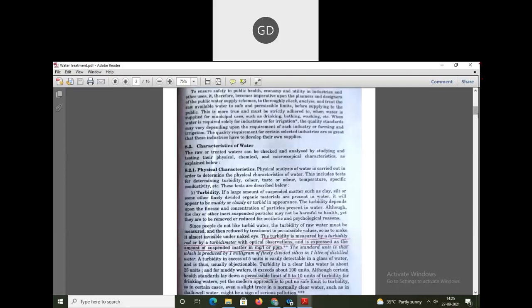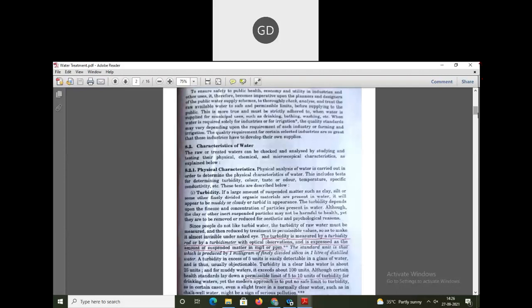So what is turbidity? If you take a bowl or a beaker of water and put some mud or silt in that water, the water will become a little bit dirty, or muddy in appearance, isn't it?